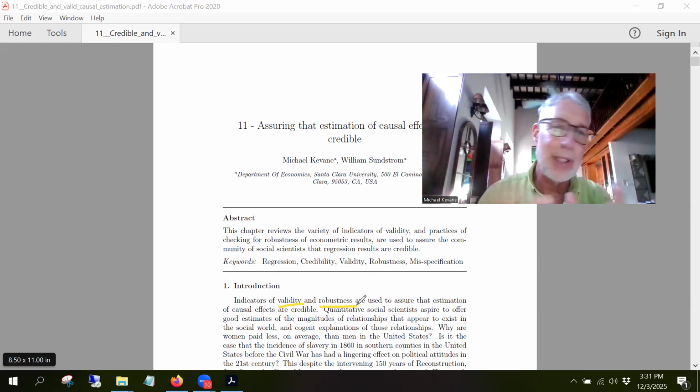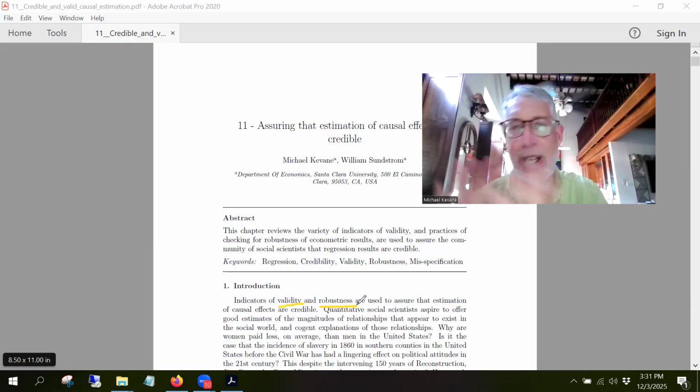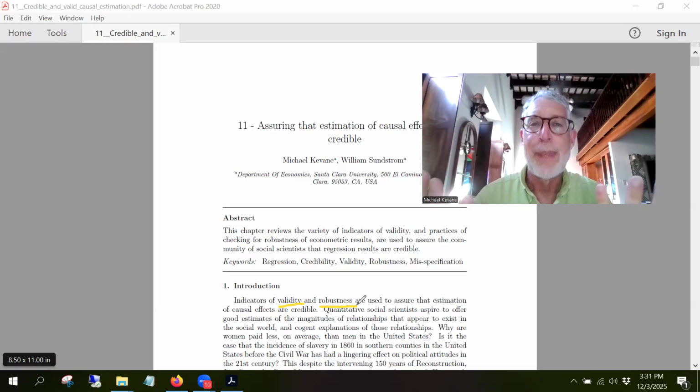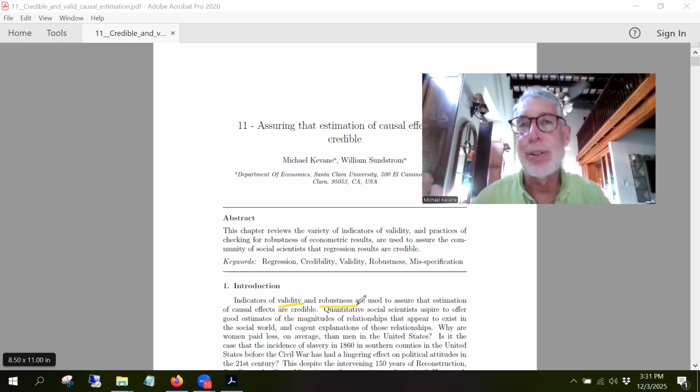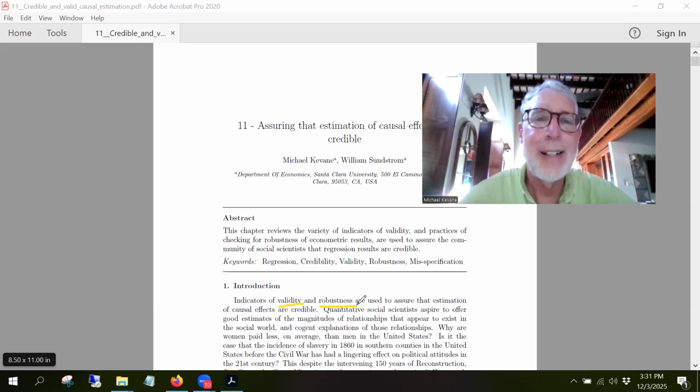We might estimate a relationship for Kenya between education and earnings, and we'd be interested to know whether the same relationship holds for Tanzania or for Malaysia or for Brazil. So that would be the external validity issue.